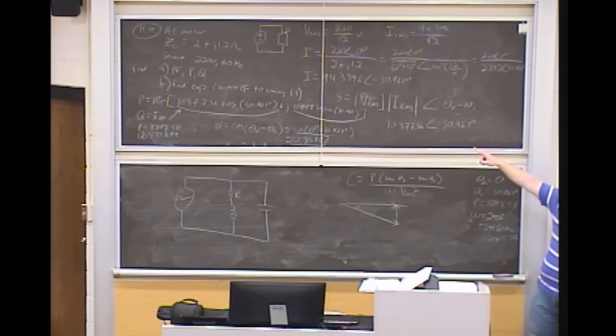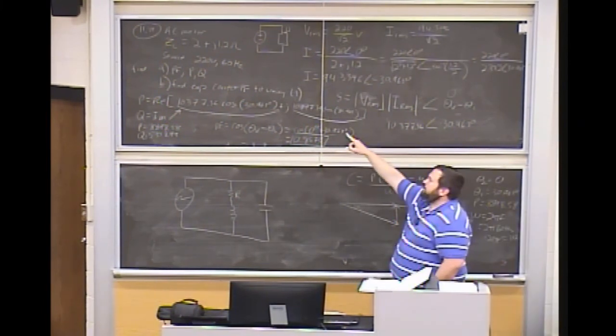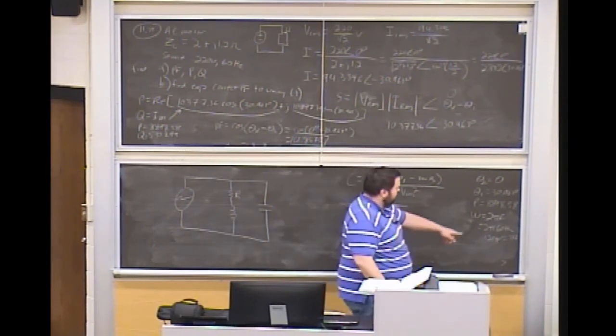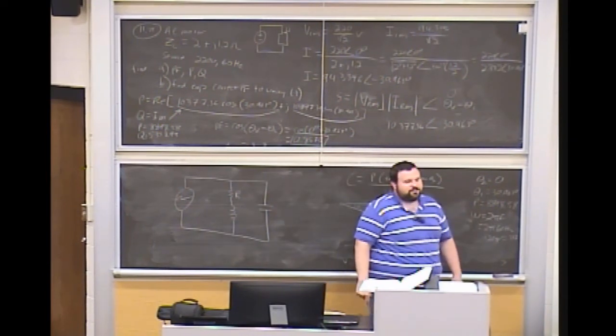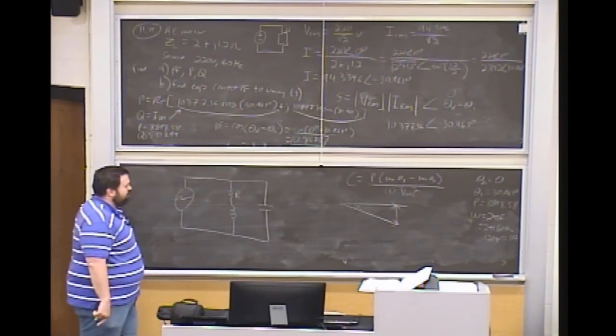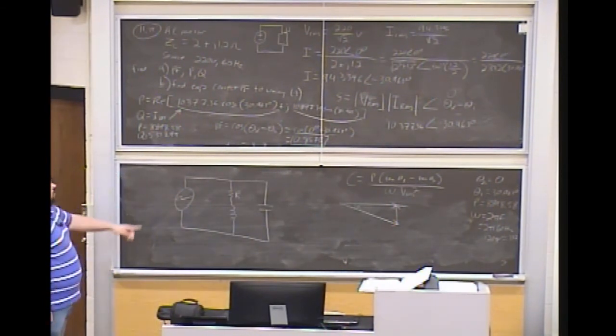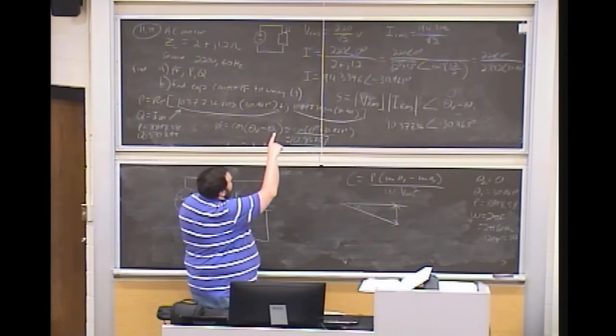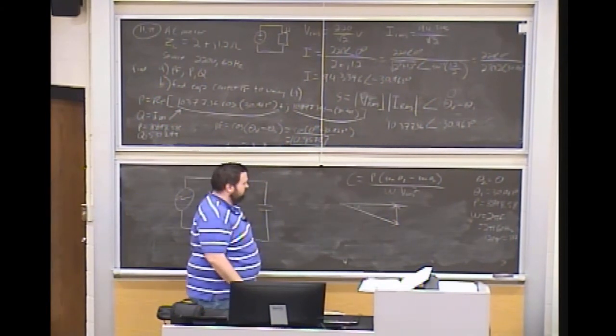We were given that our source here driving the load is at 60 hertz. So that's an F value, and I just multiply that by 2 pi to get to an angular frequency. All right, so that's my omega value. And then my V RMS, I already put in as 220 divided by square root of 2.